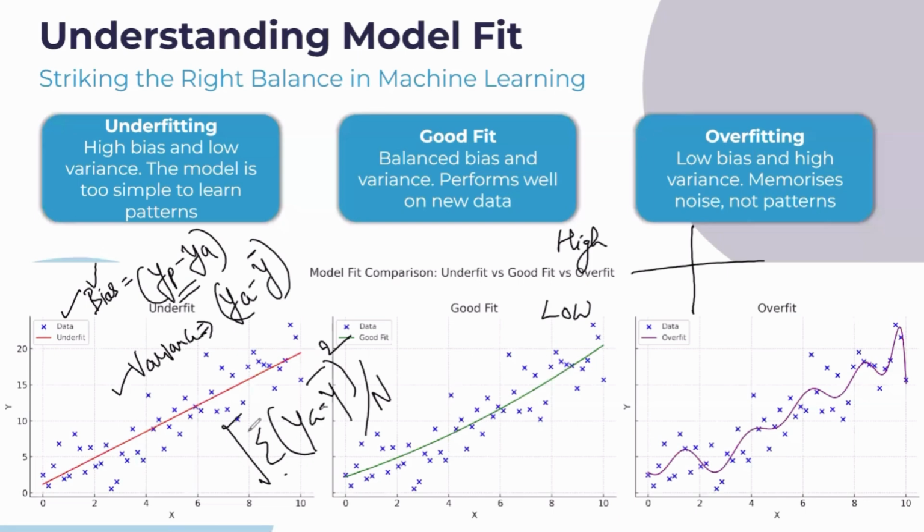Is everybody clear on the difference between the formulas of bias and variance? Please confirm. This is a predicted value, which is nothing else but the outcome of an a plus b of x kind of equation. This is your actual data. If this difference is more, bias is more. If your y actual, the real data which you have, versus the average of your actual data, if this difference is more, variance is more.